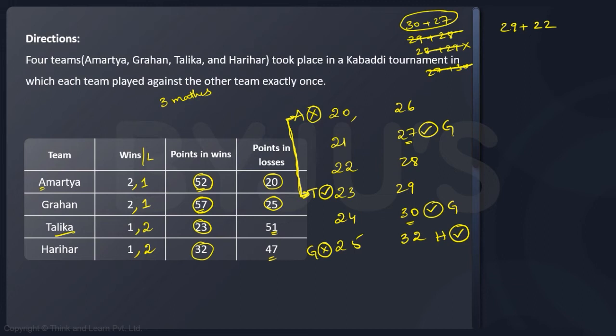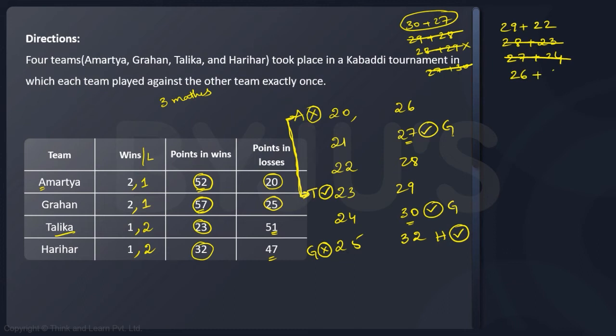Then I'm looking at 28 plus 23, but 23 is already taken. I'm looking at 2 scores for Amatya, so I need 2 empty scores. 29 is empty, 22 is also empty, so that is a possibility. But if I take 28, the only other number I need is 23, but 23 is occupied, so this is not possible. For 27, I'll be looking at 24. This is a possibility, but 27 is taken.